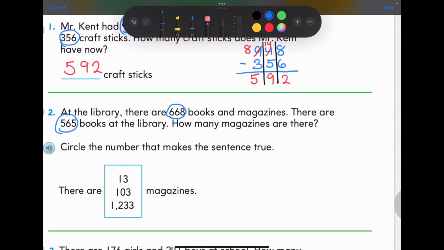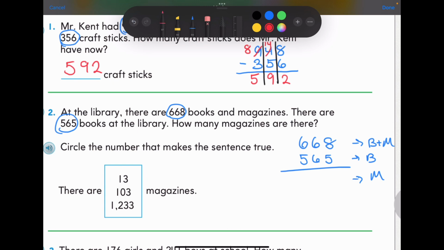There are blank magazines. Okay, so at the library there are 668 books and magazines. All right, so this means books and magazines. I'm putting B and M. There are 565 books. But what we need to find are the number of magazines.